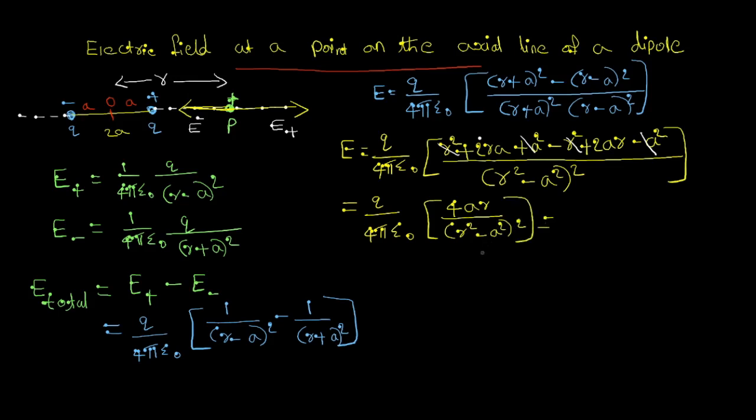In the next step we are going to write 4ar as two separate terms. Then we get Q by 4 pi epsilon 0, 2r into 2a, we can write like this, then (r square minus a square) the whole square.